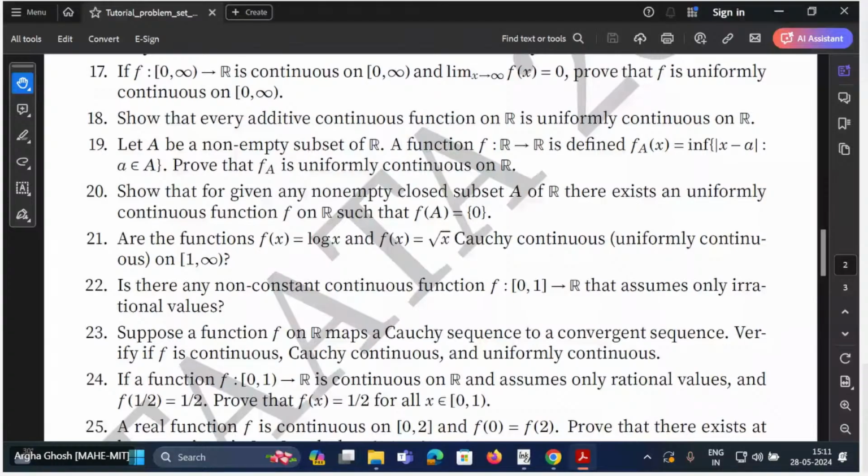These are not that hard problems. I would say they are not easy, but medium type of problems. More or less okay problems.